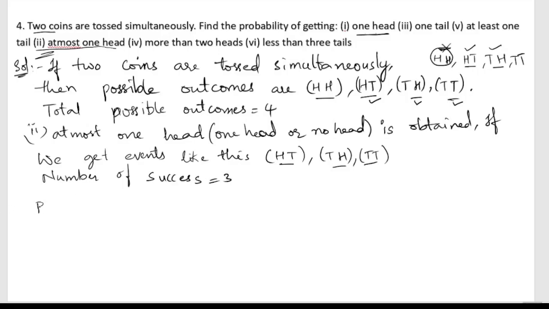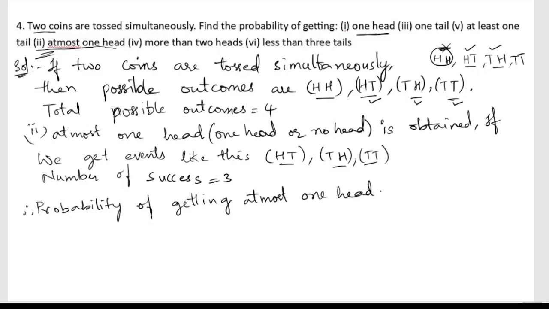Next we will write down the probability. Therefore, you know the formula for the probability. Here we are writing the probability of getting at most one head. We have the number of successes, that is the number of favorable outcomes, in the 3 events.